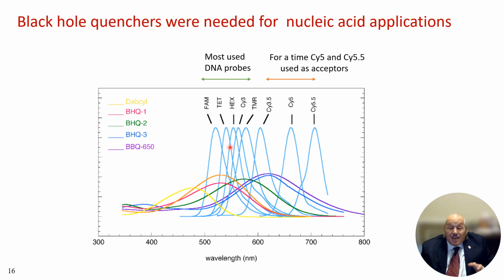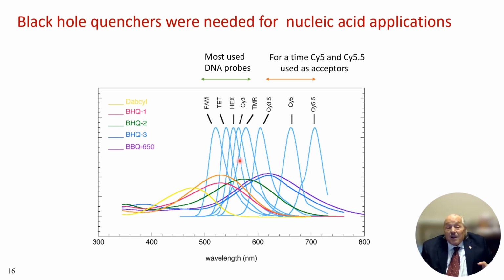And I just happen to like this diagram. I know it's similar in content to the previous one, but it sort of explains where we were with black hole quenchers. When DNA sequencing was just getting started, these were the absolute favorite four fluorophores that were used for DNA sequencing. And this first black hole quencher, with the yellow here, hard to see, was not very good for that.